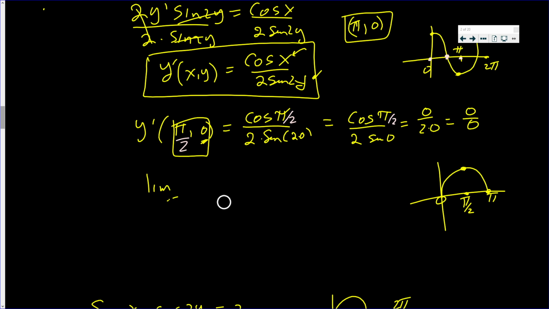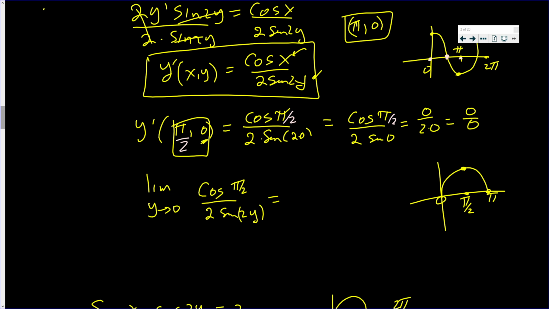Suppose we let y approach 0 and let x be pi over 2. So you get 2 times the sine of 2 times y.